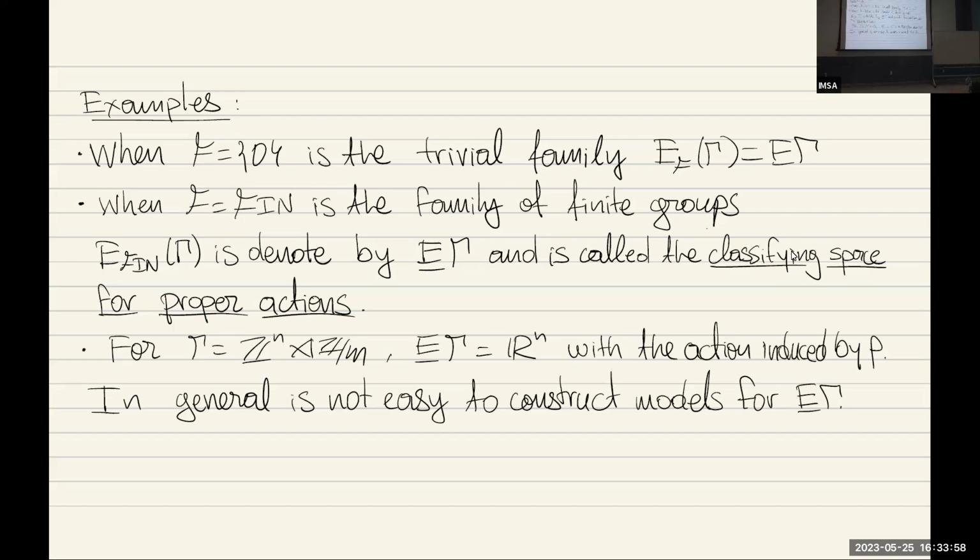It is because this space is contractible and has finite isotropy groups, and the fixed point set of a finite subgroup is a linear subspace of R^n that is contractible, and it is also a gamma CW complex.